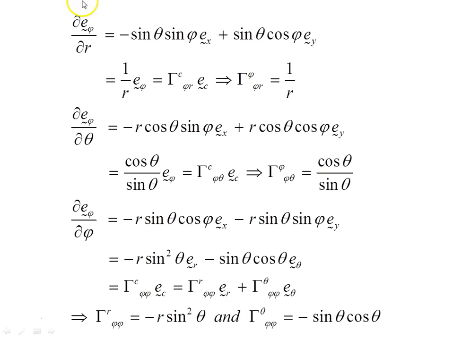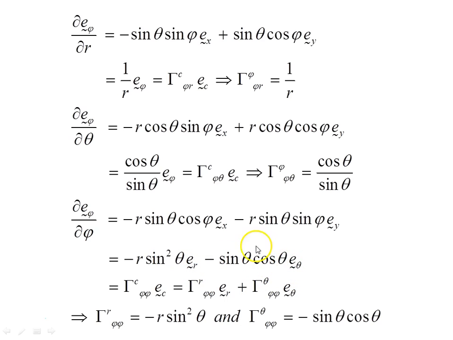And continuing, now the basis vector in the phi direction, we do each of these, we get this one is 1 on r, this one cos theta on sine theta, and finally this one with respect to phi gives us this object here. Now watch out here, because it turns out that this one here is equal to minus r sine squared theta e r minus sine theta cos theta e theta.